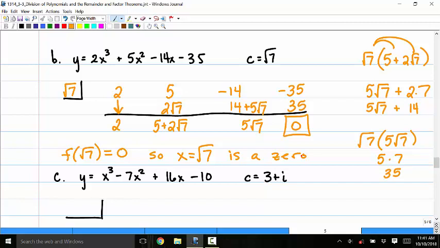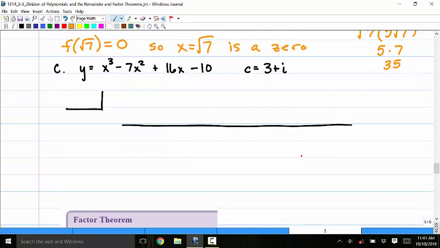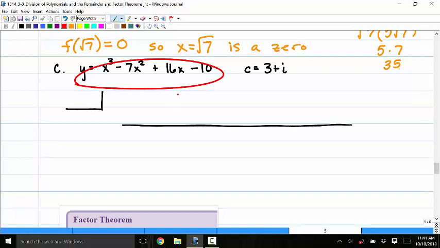And now for yet another fun review topic, complex numbers. Is 3 plus i a 0 of that polynomial? Go set it up. You want to put 3 plus i here.